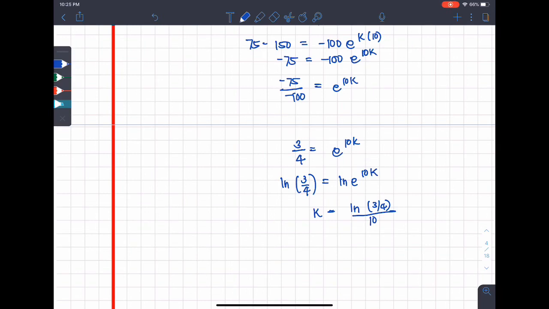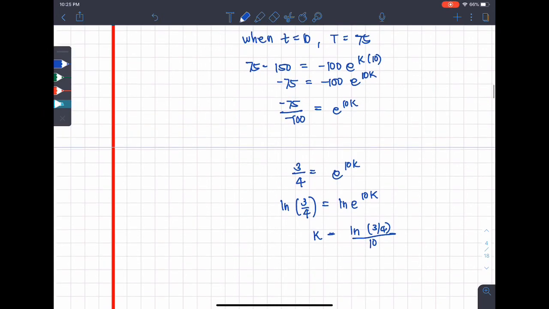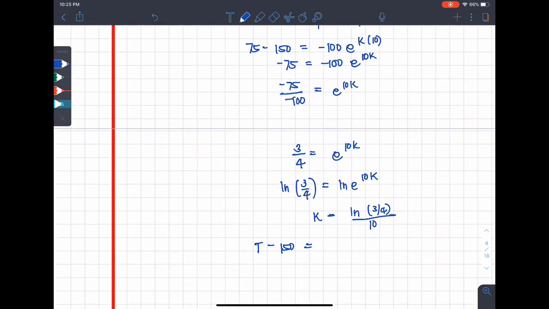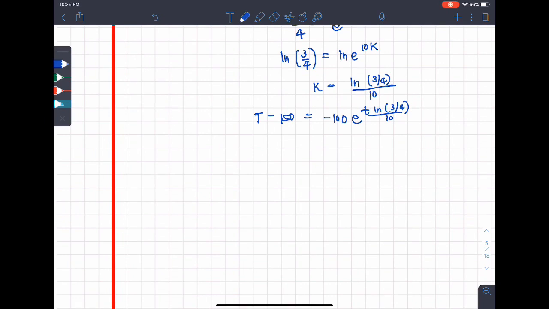Now that we have k, we can substitute it again. So T minus 150 is equal to negative 100 e raised to T ln of 3/4 all over 10. So that is our working equation.